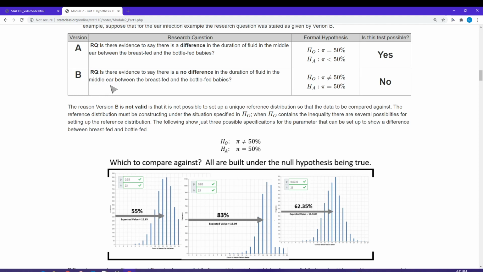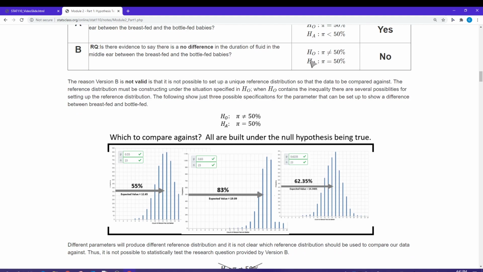Version B is not possible. So all I've done here is ask: is there evidence to say that there's no difference in the duration of fluid? Okay, so that slight change of wording cannot be done with our standard procedures. If we did a no difference, then this is what the null and alternative hypothesis would look like.